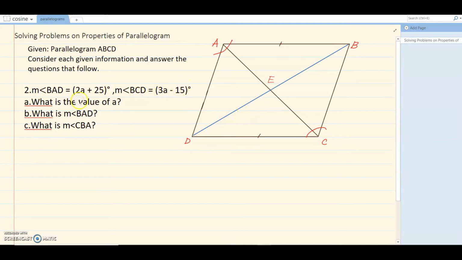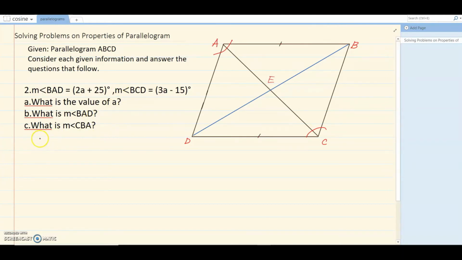the position of angle BAD and angle BCD. So, as it is indicated here, actually that's angles A and C. They are opposite angles. And we know that opposite angles of a parallelogram are congruent.